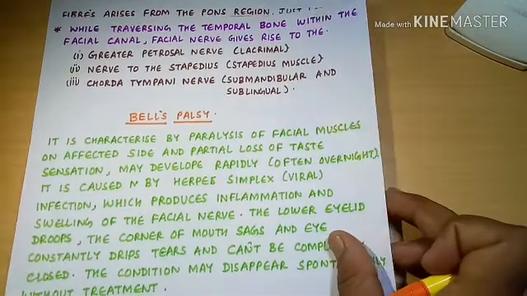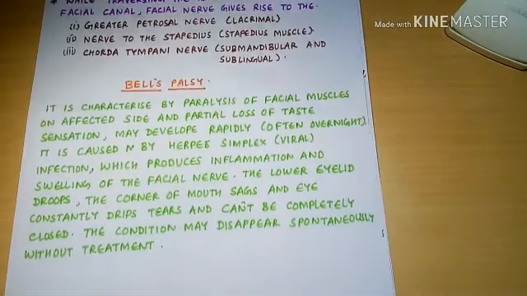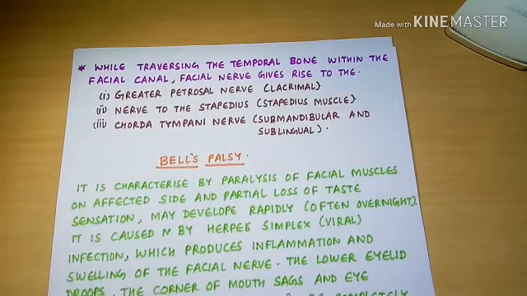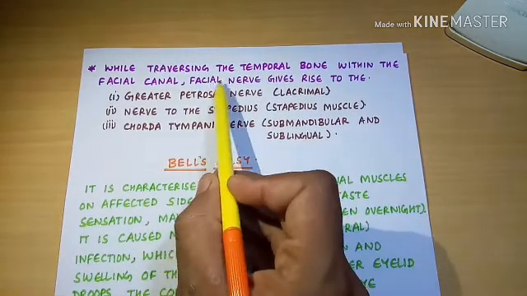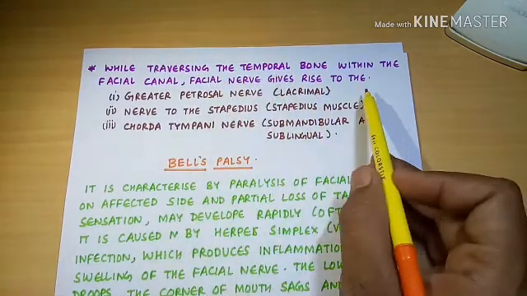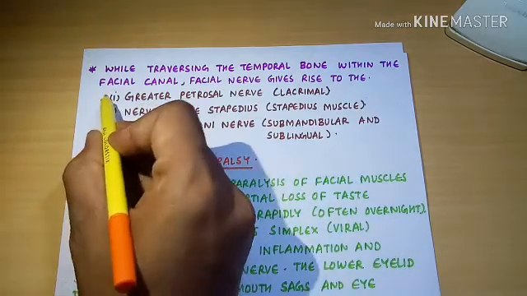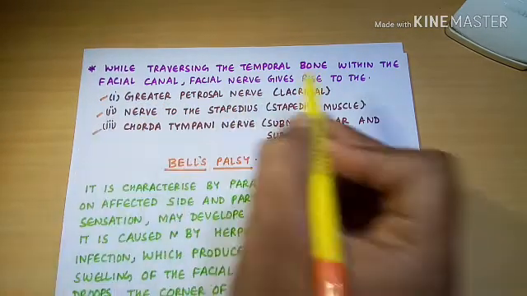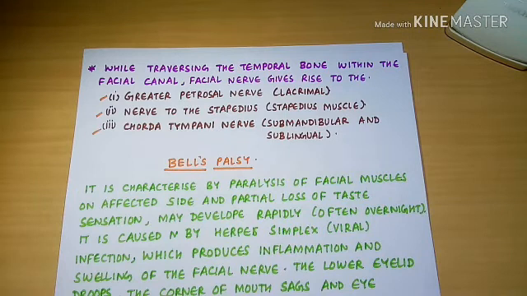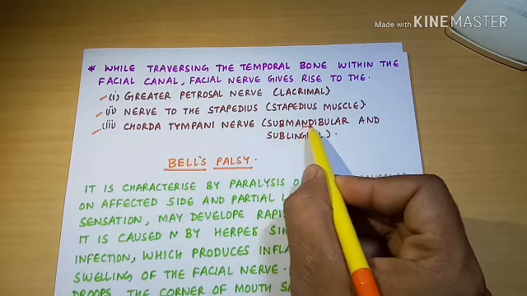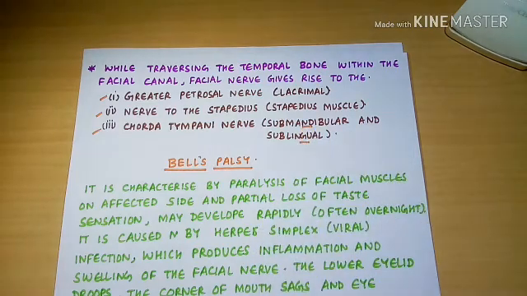While traversing the temporal bone, within the facial canal, the facial nerve gives rise to three principal branches: the greater petrosal nerve, which supplies the lacrimal gland, the nerve to the stapedius, which supplies the stapedius muscle, and the chorda tympani branch, which is an important one and supplies the submandibular and sublingual glands.